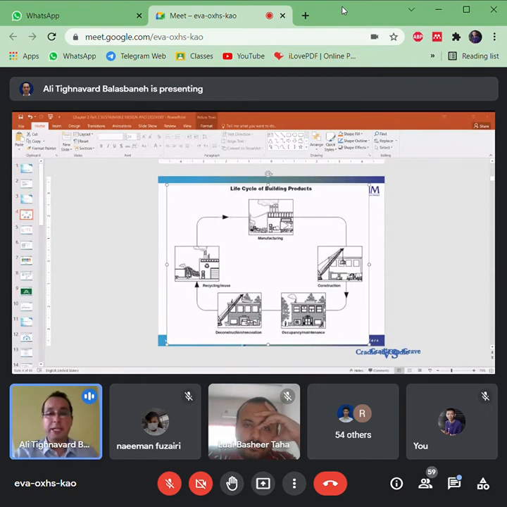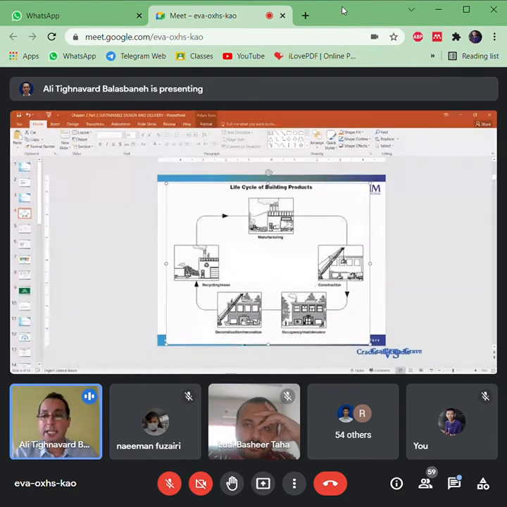Yes, in the construction, you can use some recycled or reused materials. You can do that, reduce. But in this stage, we can do recycle, we can do reuse, and another one, incineration. Do you know what incineration is in that stage?